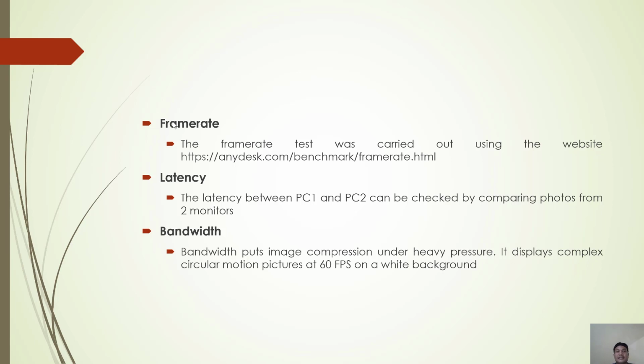For the latency, we check by comparing photos from two monitors. In the next slide, I will show how we compare or take the data from this benchmark. And for the bandwidth, the benchmark puts image compression under heavy pressure; it displays a complex circular motion picture at 60 frames per second on a white background.